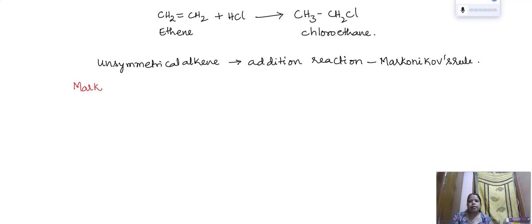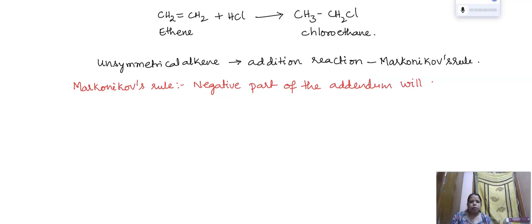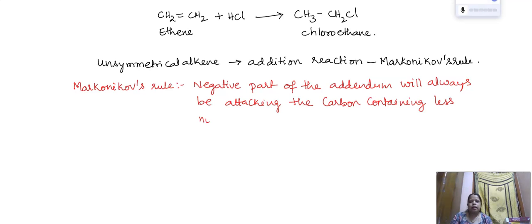Markovnikov's rule states that the negative part of the addendum will always be attacking the carbon containing less number of hydrogens.